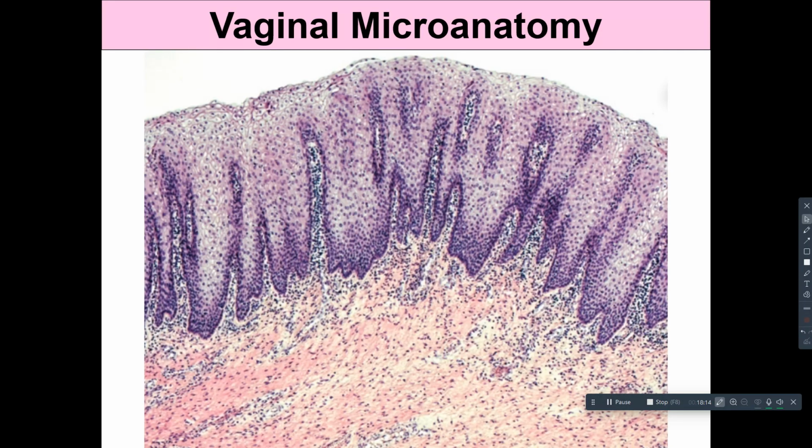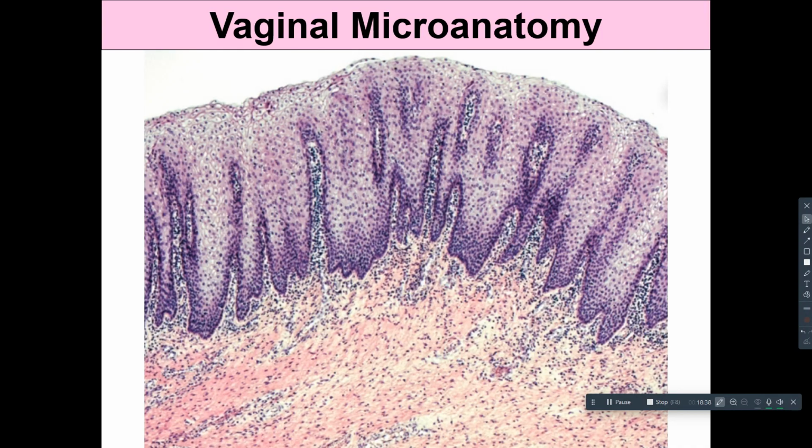It is a glandless epithelium. And as such, it's going to rely on the cervix as well as some external glands called the greater vestibular glands in order to have any sort of lubrication.